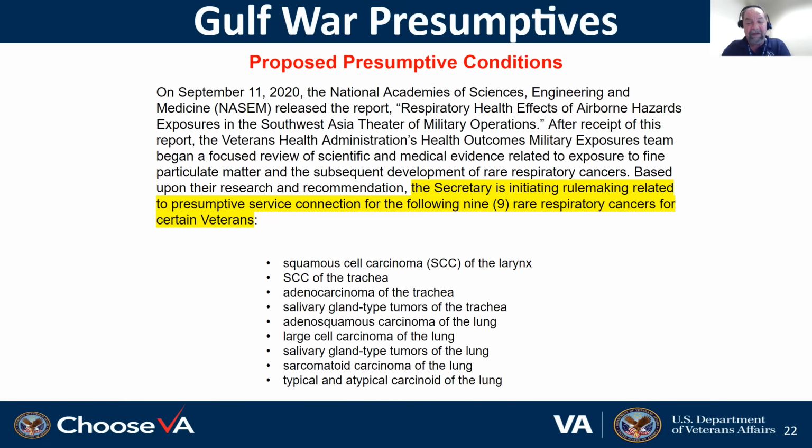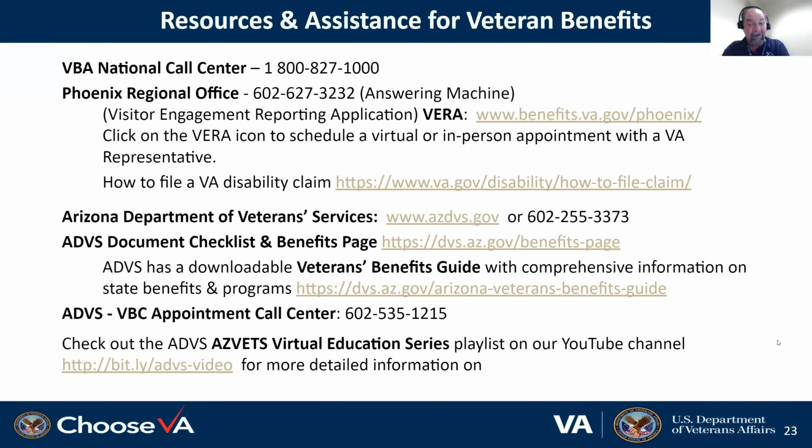How does the use of tent heaters without adequate ventilation and burning waste pits figure into the condition? Laura, again, good question. For Gulf War presumptive conditions, if you were in the Gulf, you're considered to be exposed to burn pits, whether you were in close proximity or far away.